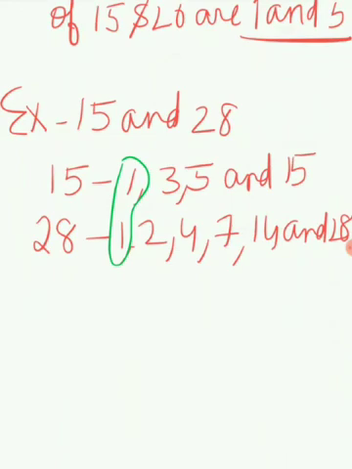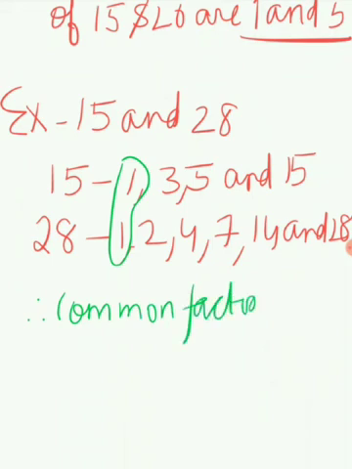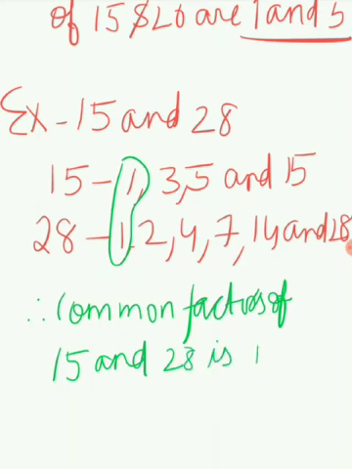So therefore we will write here the common factors of 15 and 28 is 1.